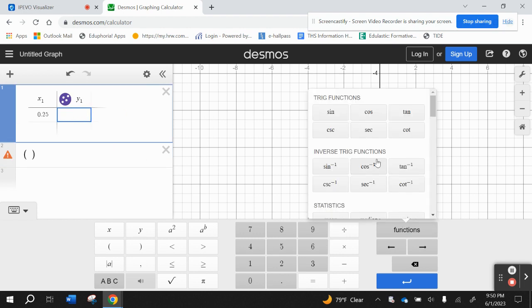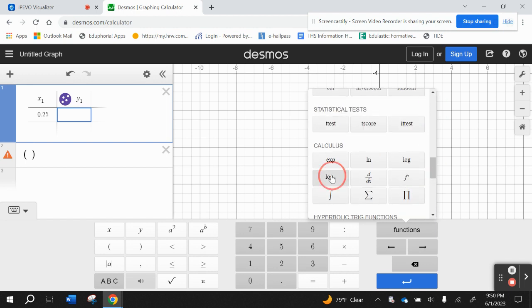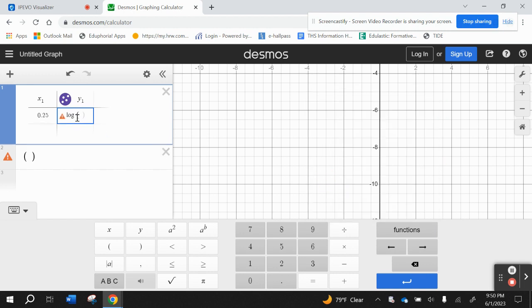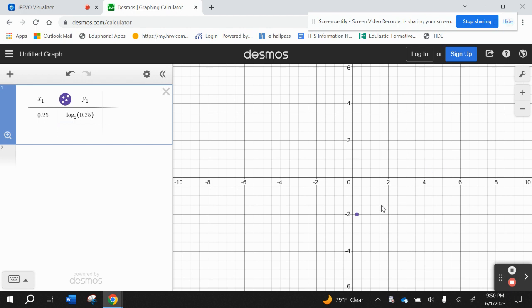So function, we want, it's under calculus, we want that one. So then the base is 2 of 0.25. Then home, there's our point. So that's -2.